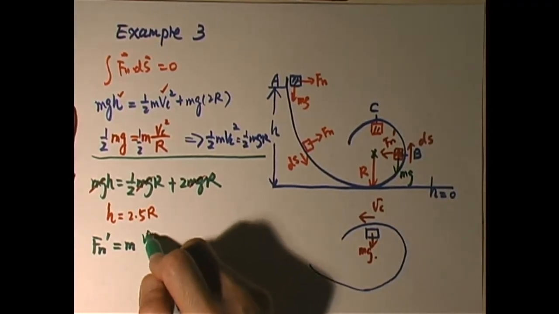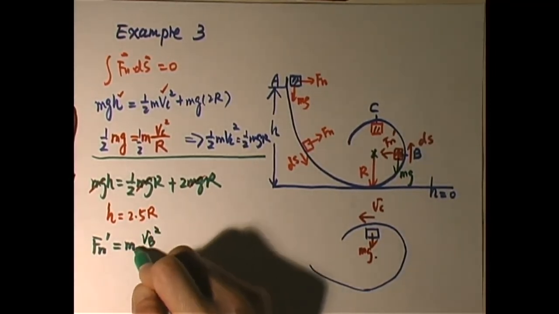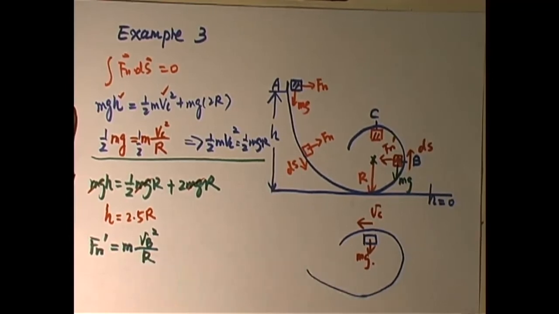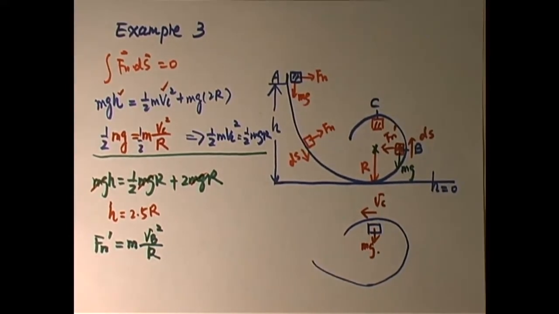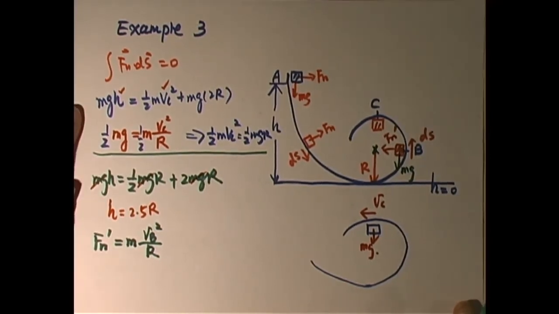At this moment, v is vb, and vb squared over r is the centripetal acceleration. So Fn prime provides the block with the centripetal acceleration of vb squared divided by r, and we need to find vb.